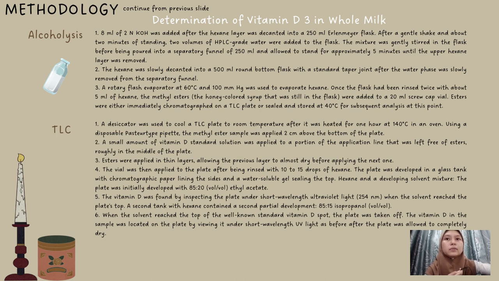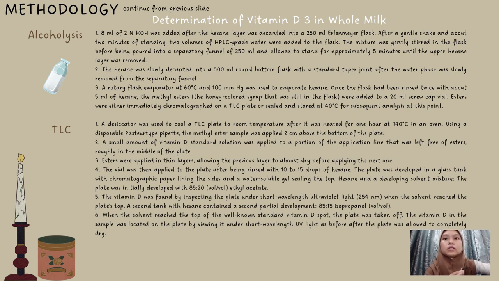The plate was developed in a glass tank with chromatographic paper lining the side and a water-soluble gel sealing the top, with hexane and a developing solvent mixture. The vitamin D was found by inspecting the plate under short wavelength ultraviolet light, 254 nanometer.